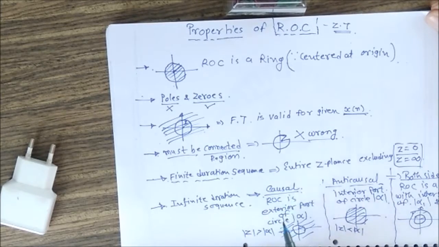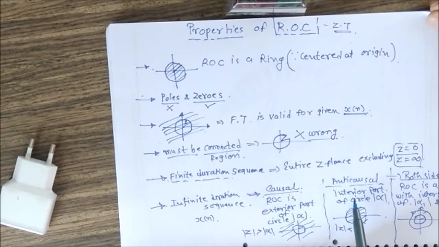For a causal sequence, ROC is the exterior part of circle with radius alpha. Alpha depends on the input sequence x of n. Same way, we can also say mod z is greater than alpha. Anti-causal sequence, the ROC is the interior part of circle with radius alpha. It looks like this. It is also said mod z is less than alpha.